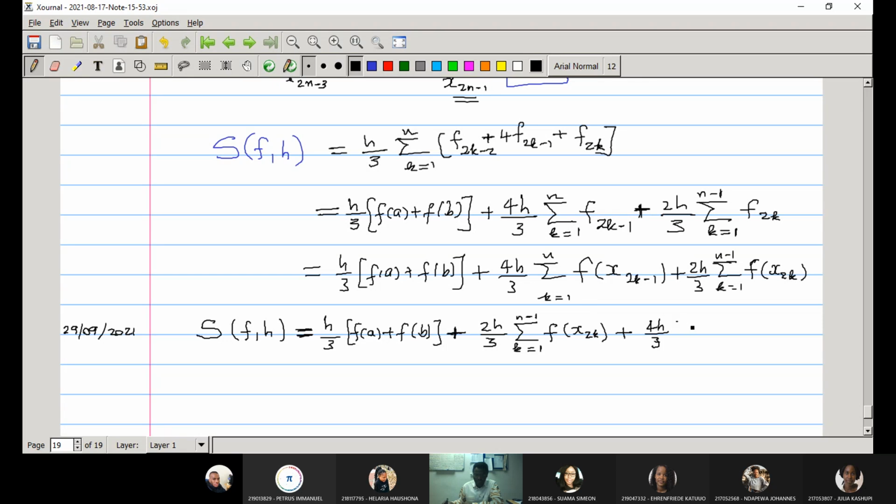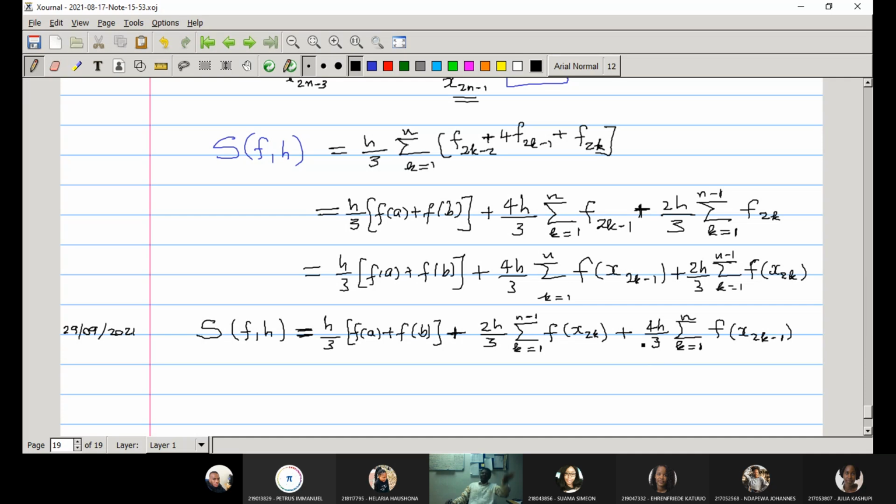And then we have the summation with k running from 1 all the way to n. So you take the entire summation of f of x sub 2k minus 1. So that is our rule.